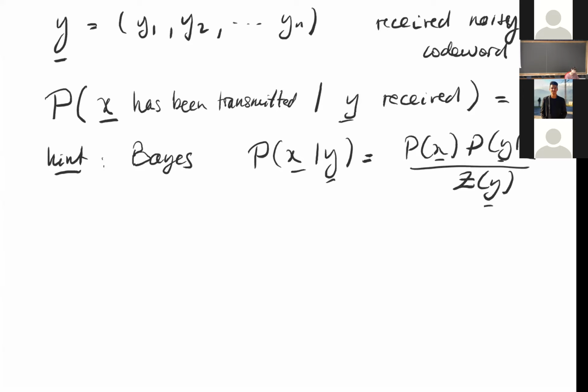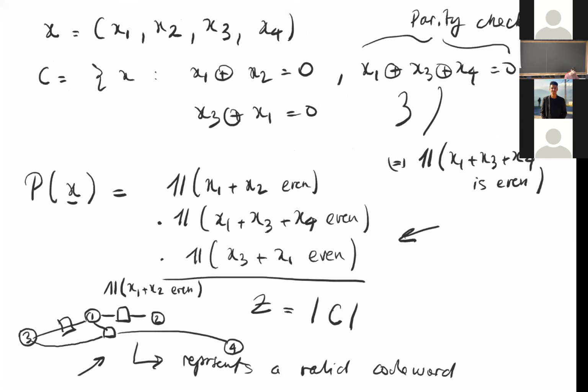I gave you the P of X. We know that this probability anyway has to be 0 if the X is not a valid code word.